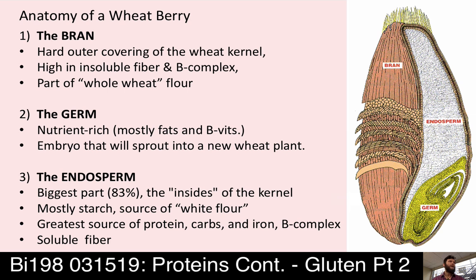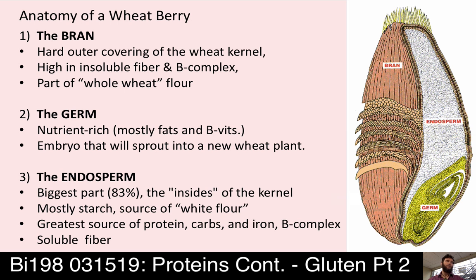And when you hear whole wheat flour, it is essentially flour that has taken the entire wheat berry and ground it up. So the bran, the germ, and the endosperm are all in whole wheat.